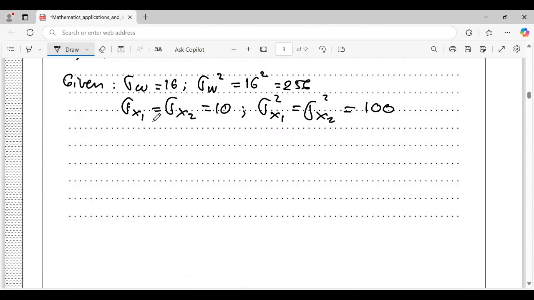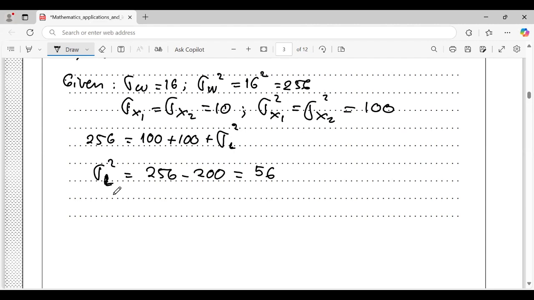If we substitute into the equation, it becomes 256 equals 100 plus 100 plus sigma L squared, the variance of L. So we're going to determine the variance of L. It becomes 256 minus 200, which is 56.